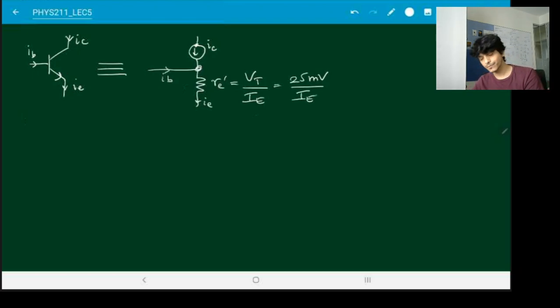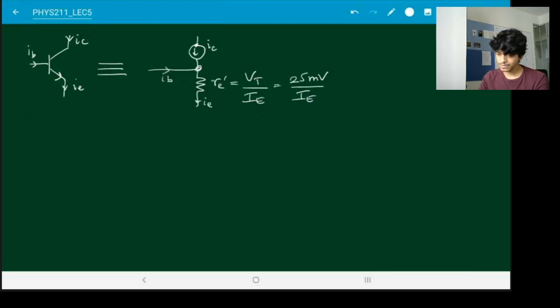Where does this number come from? That comes from solid state physics. If you look at the internal physics working of how a diode works, you can derive this number, 25 millivolts. It's a temperature dependent quantity. 25 millivolts is its value at around room temperature. So at usual operating conditions, Vt is almost always 25 millivolts.